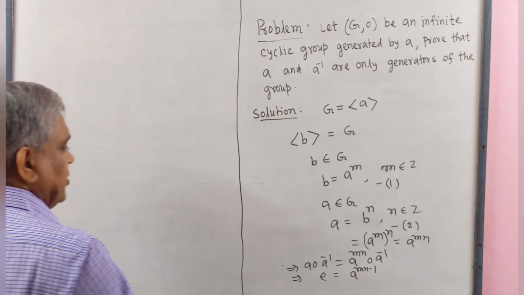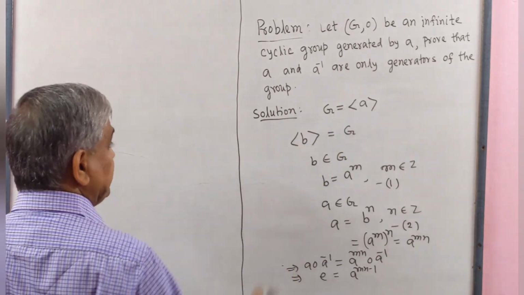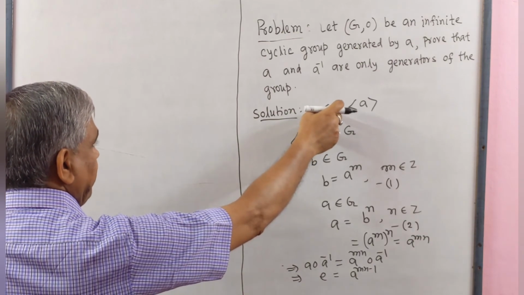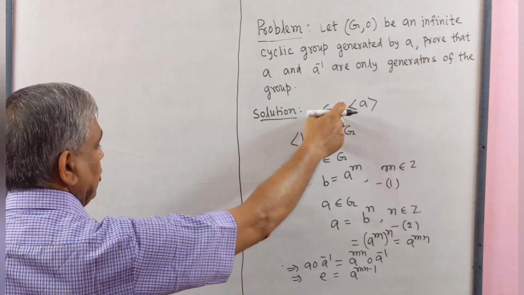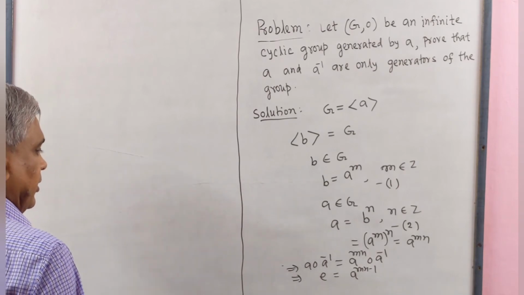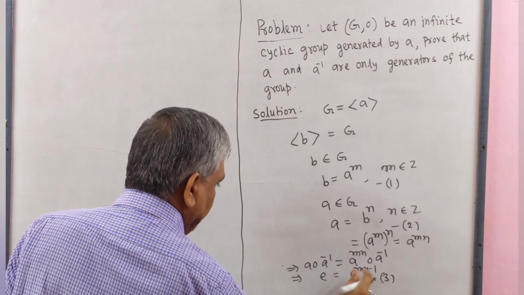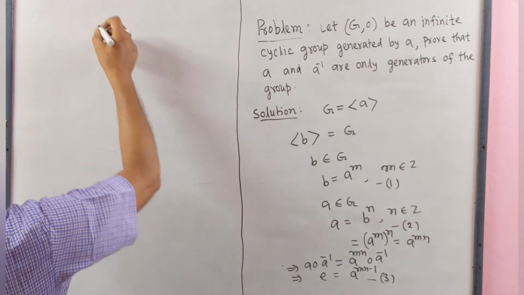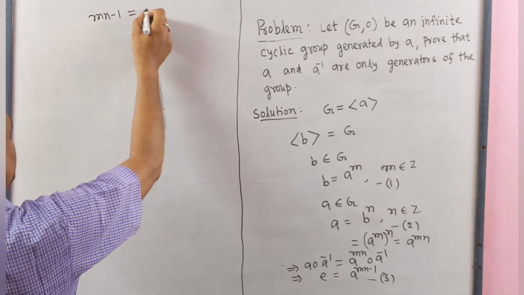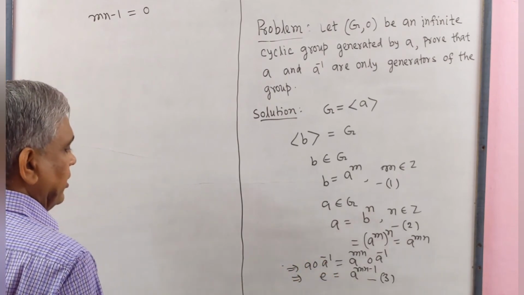Since A is the generator of G and G is an infinite group, therefore the order of A will be infinite, and this equality is only possible when mn minus 1 equal to 0, meaning A to the power 0 equal to the identity element.